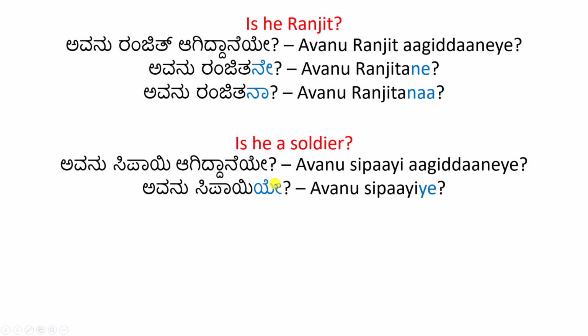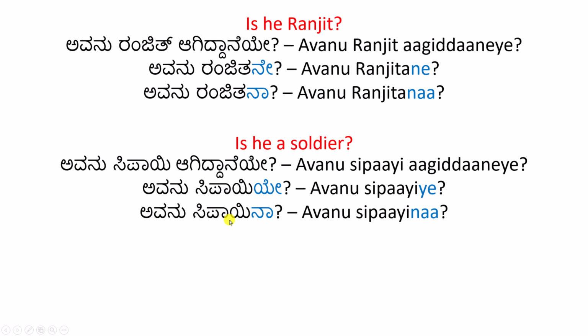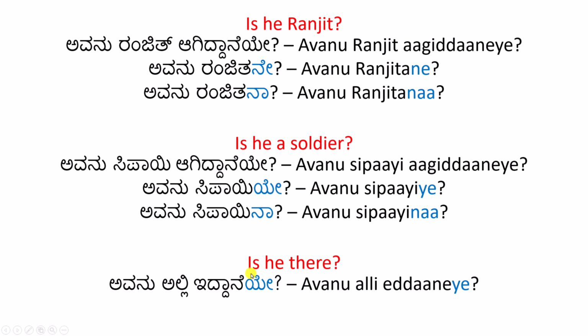Alright. Now how did we select ye? This has to come by practice. You can also say it like this. Avanu sipahi na, and this would also be fine. Alright. Next. Is he there?